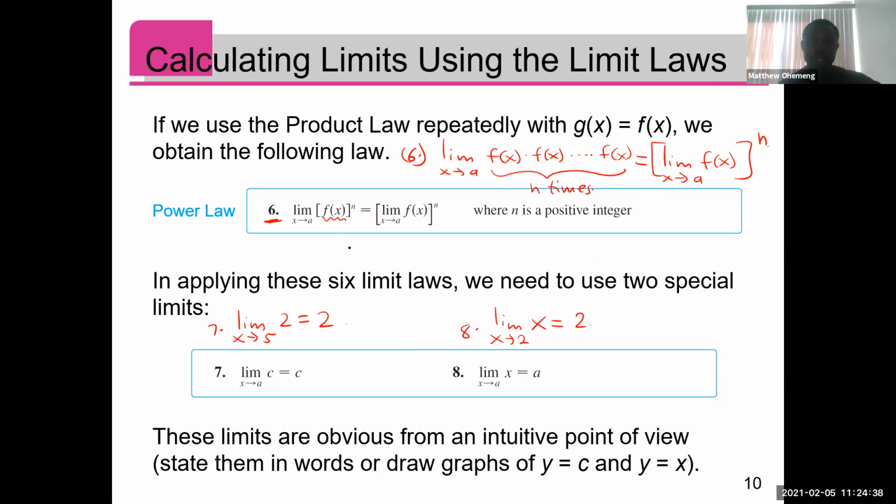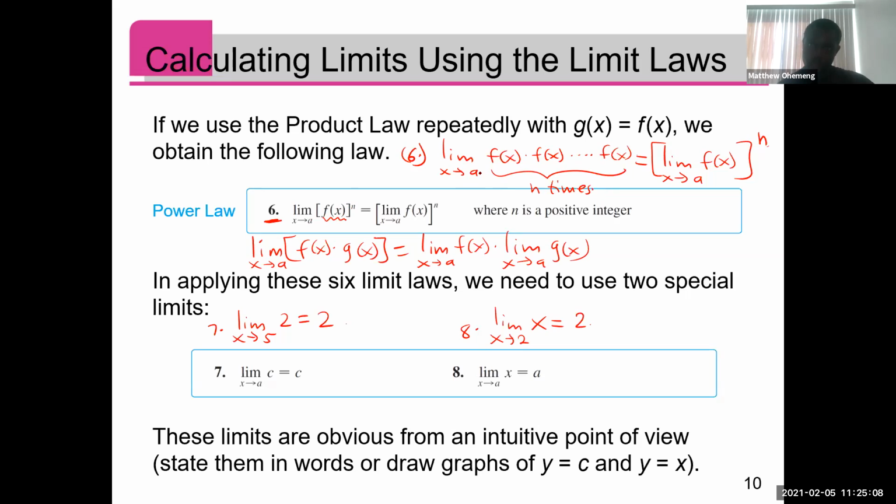Recall we said the limit as x approaches a of f of x times g of x, the product law, is the product of the limits. So what I'm saying is, if you are asked to find the limit of f of x to the power n, f of x to the power n is just f of x times f of x times f of x, n times.